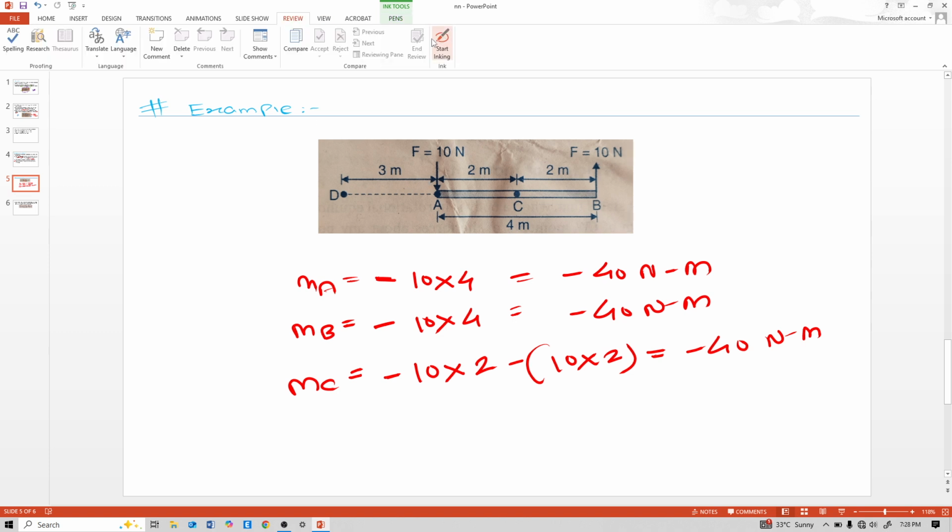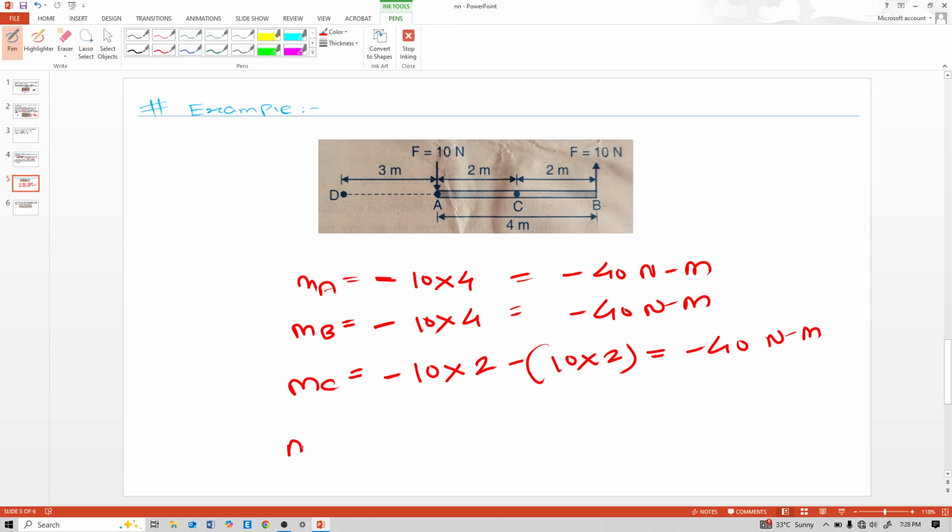Now we will take moment at point D. See, point D is not in the ACB body. It is outside the ACB body. So we will see what is the moment here at point D. So this 10 is clockwise to that center, so it is positive 10 into 3.